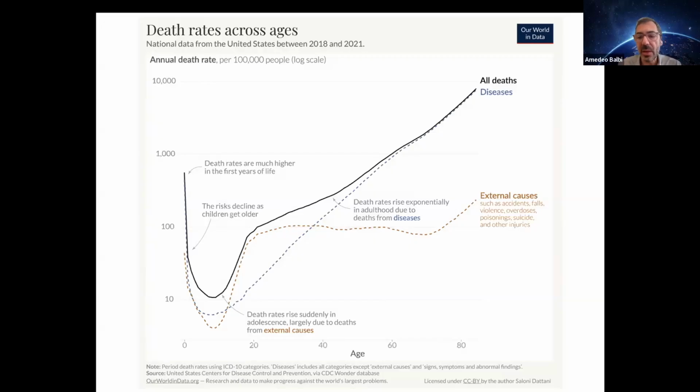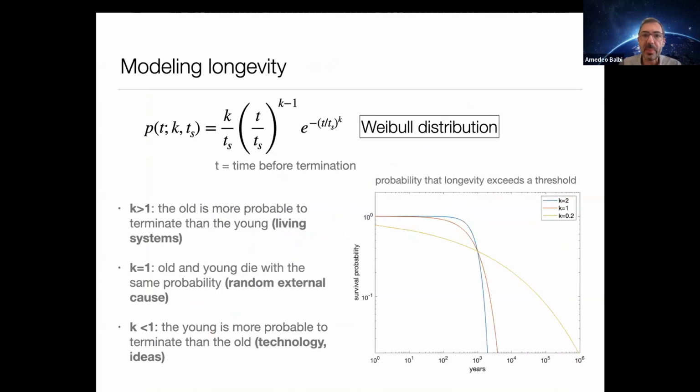Okay, in that case, you may have different behaviors, and actually, you can play around again with some mathematics here because there are interesting distributions that you can use where you play around with some parameters, and with some choice of parameters, you get a behavior like the one that I showed before. So where the old is more probable to terminate than the young, which happens in living systems.